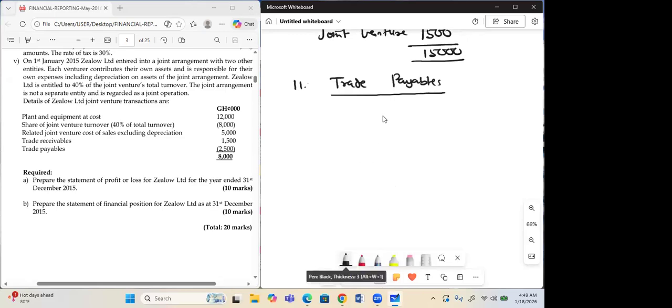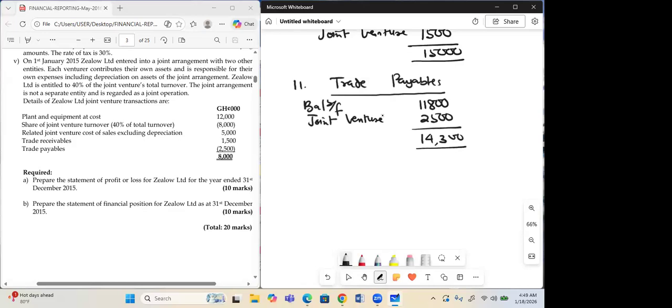So again, the opening balance is 11,800. Then add the joint venture to it. 2,500. What is it giving you? 14,300. Right? So we are finished with the footnote.